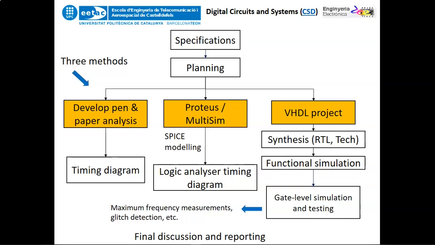You take some sheets of paper, a pen and a ruler, and you try to organize a timing diagram. Why not? First one flip-flop, then two flip-flops asynchronously, and finally the final circuit. That's one way, and in the end you will get a timing diagram.